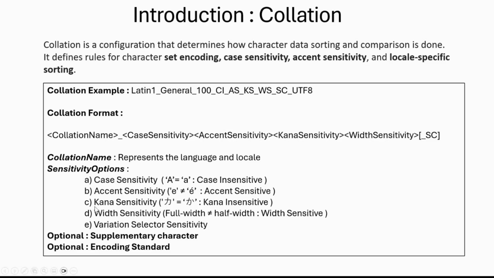These two sensitivities are majorly applicable for Southeast Asian languages like Japanese, Chinese, etc. If you see full width and half width characters, where the visual representation is the same but the width differs, that is width sensitivity. Kana sensitivity is on a similar aspect, but these two are majorly for Southeast Asian languages. And then there is the encoding format involved, that is UTF-8.